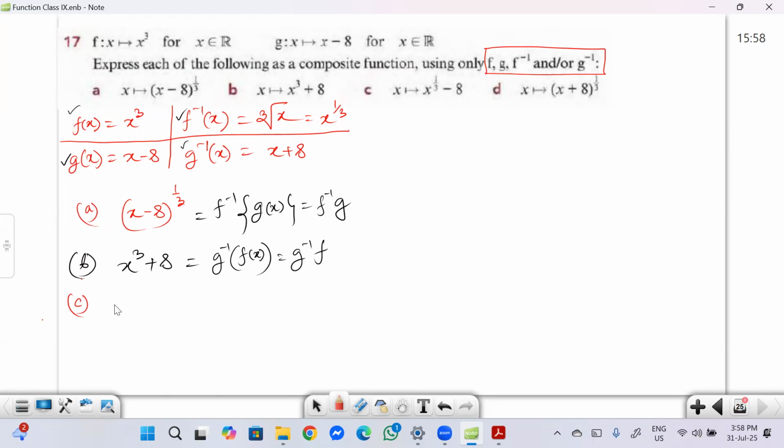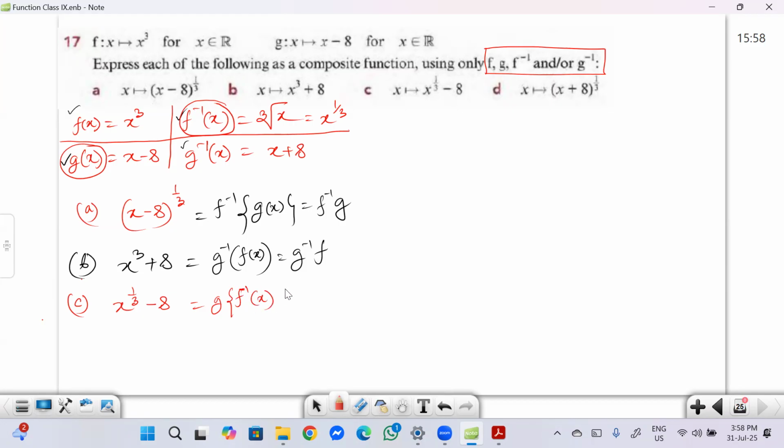For c, the expression is x to the power 1/3 minus 8. Naturally, it seems g of x is involved, and also f inverse x is involved. ঠিক আছে, so how it would work, so f inverse আর g of x নিয়ে কিন্তু আগেও আমরা কাজ করছি, but that resulted in something different. তার মানে এটা আসলে হবে কি, g এর ভিতরে f inverse আসলে বসাইতে হবে, ঠিক আছে?